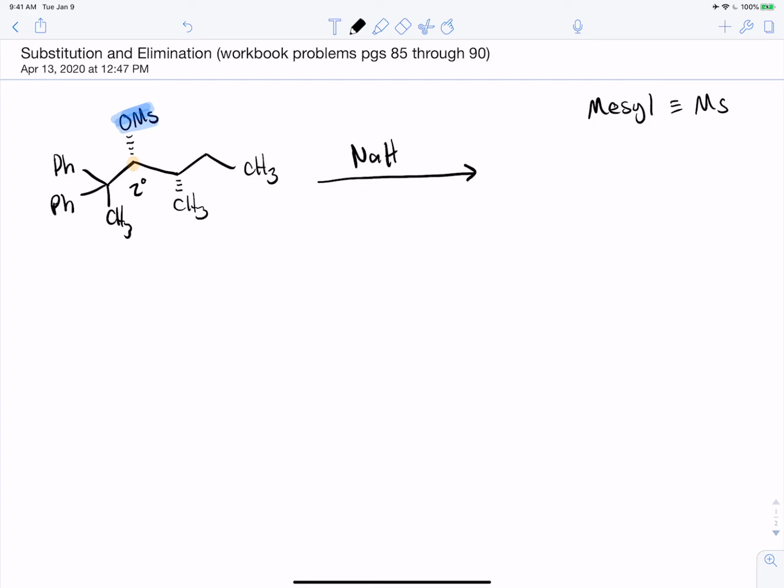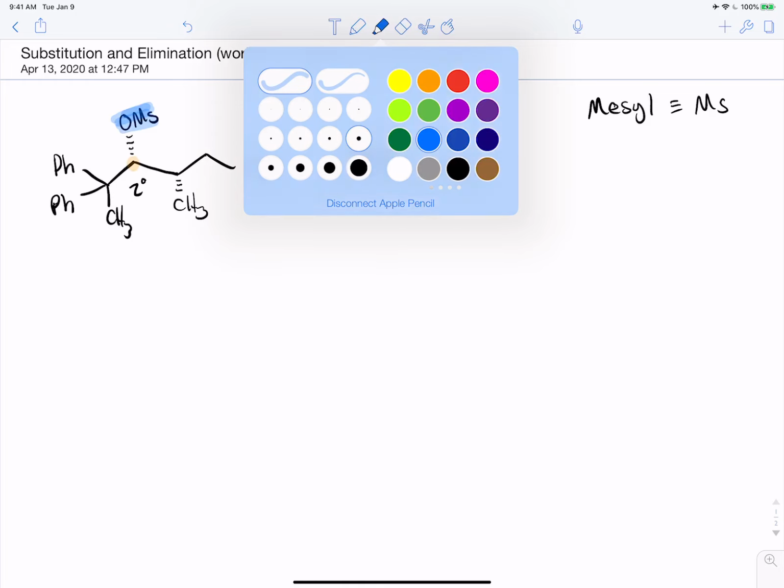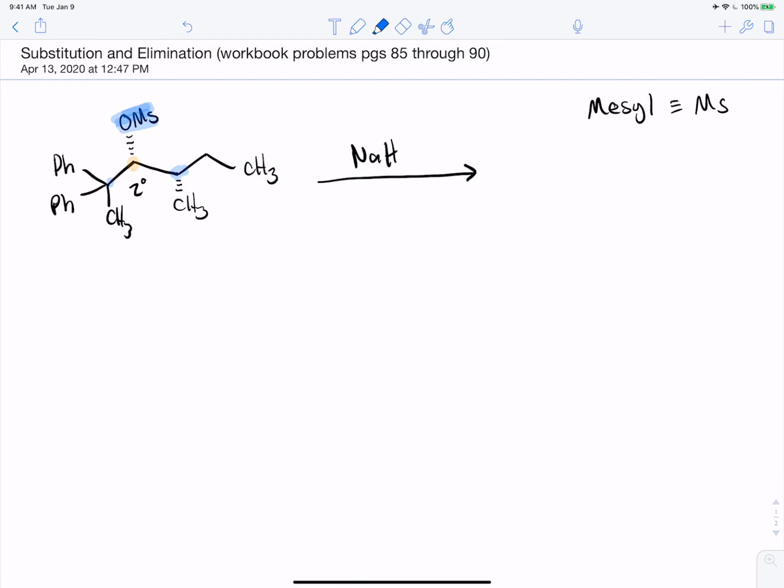You'll notice I count this and I count that. Those are the carbons I'm counting towards it being secondary. The leaving group up at the top doesn't count towards it being secondary. That's just the thing that leaves. We're only counting carbons that are bound to it.